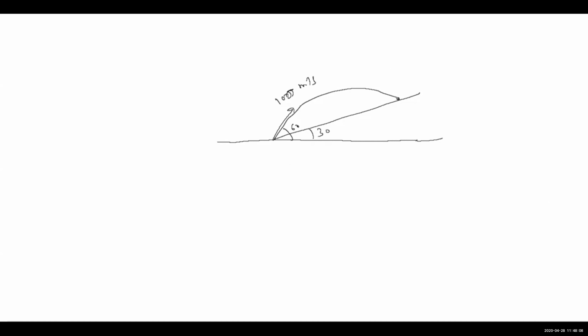Till now, we were assuming this as the x-axis and this as the y-axis, isn't it? When we assume this as the x-axis, it's quite easy if the point of projection and the point of impact are along the same x-axis. But it's not a law that the x-axis should be taken along the horizontal. It's up to you. The only rule is that the angle between the x and y axes should be 90. That's the only rule. Other than that, it's up to you to take the axes in any direction.